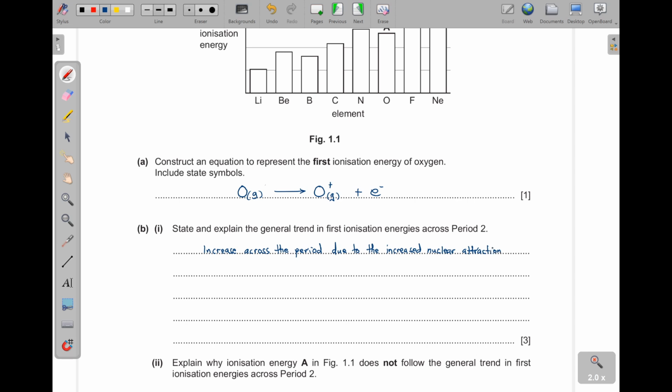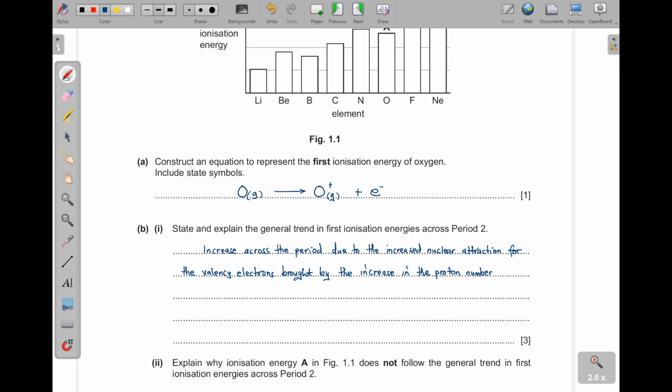Nuclear attraction for the valence electrons. Those are the electrons in the outermost shell. For the valence electrons brought by the increase in the proton number. So you are increasing the proton number, then you are increasing the nuclear charge.